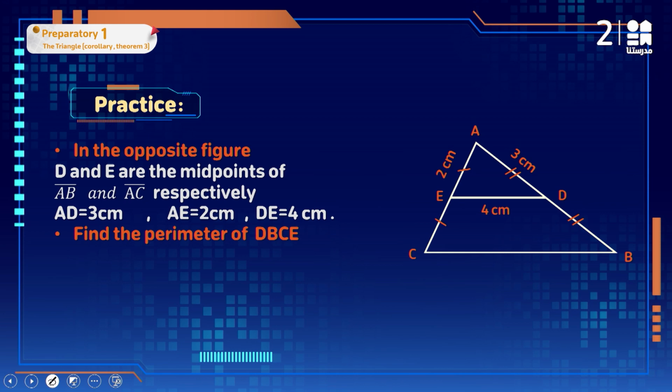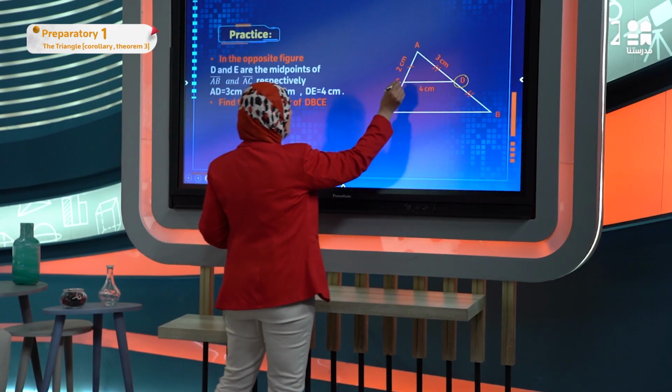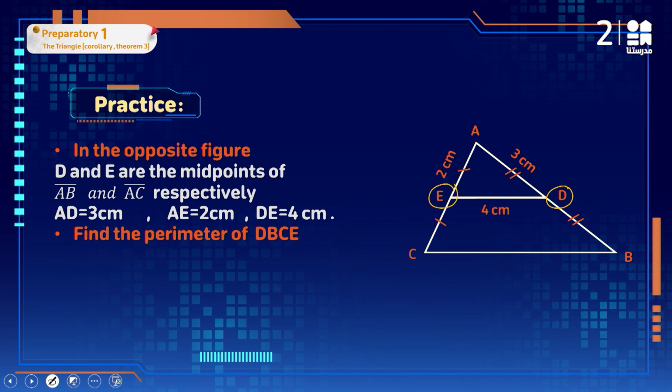In the opposite figure, D and E are midpoints of AB and AC. So here, D is a midpoint of AB and E is a midpoint of AC.